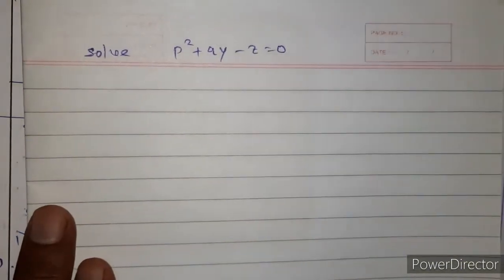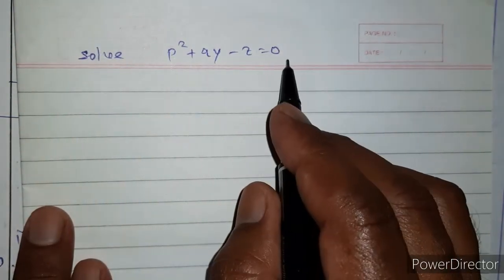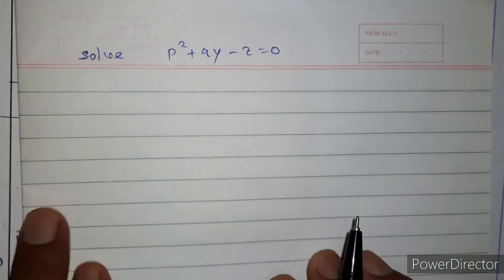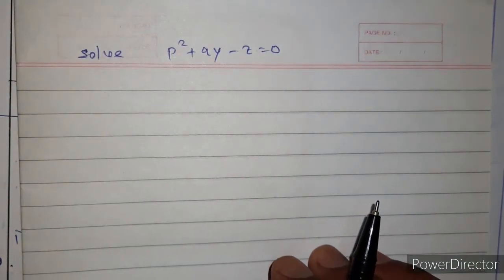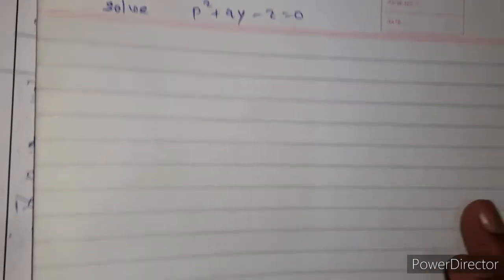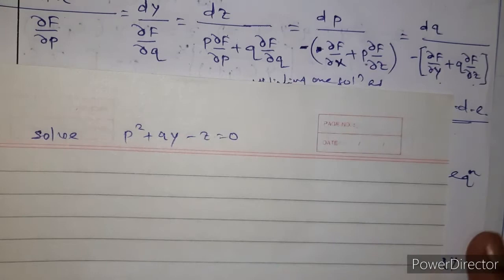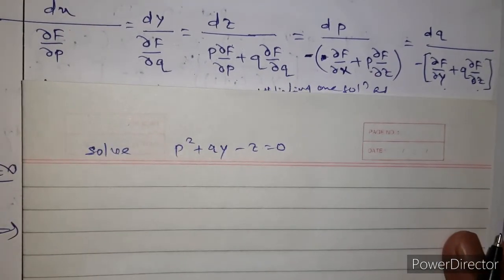Here I am writing the equation. p square plus qy minus z equal to 0. The problem which we have taken for the understanding of function, we just solve here. Now I am taking here both the formulas and everything in front of you. What I required, you just see carefully and tell me one by one.